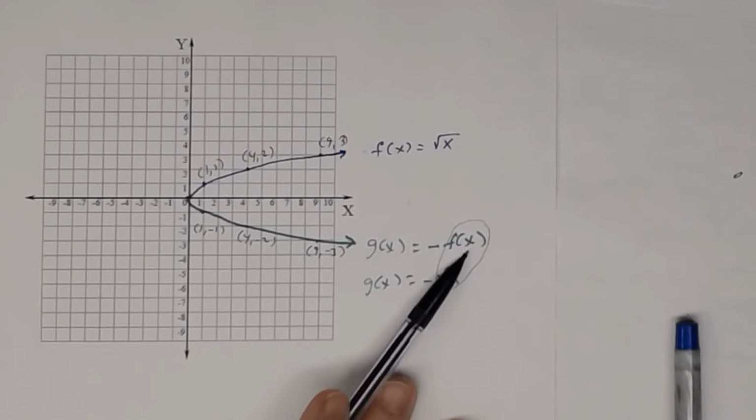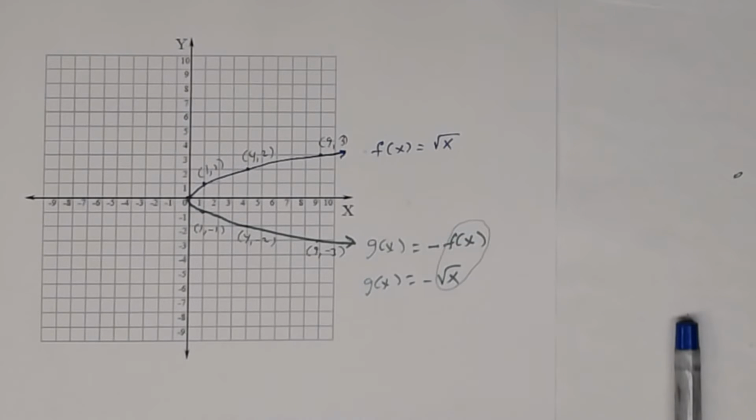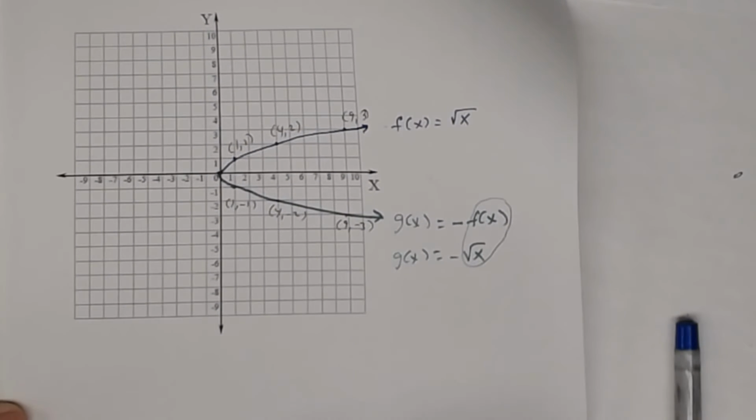So the opposite of f of x is a vertical reflection about the x-axis. That's important. So I'm going to write this down.